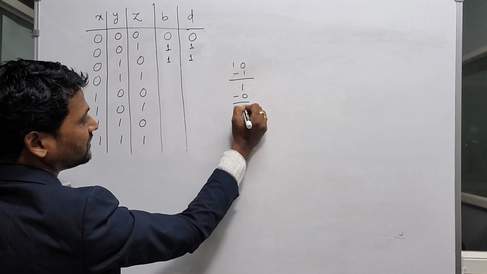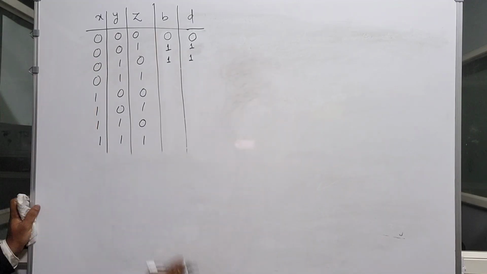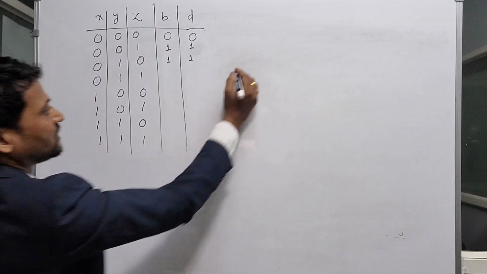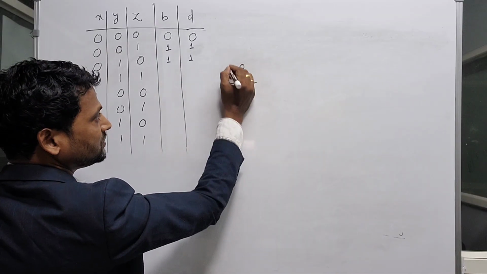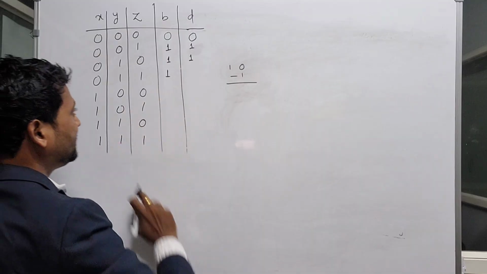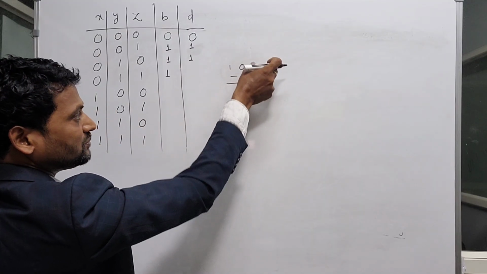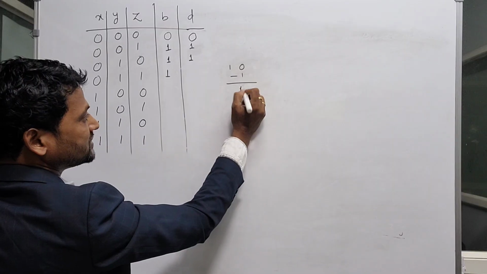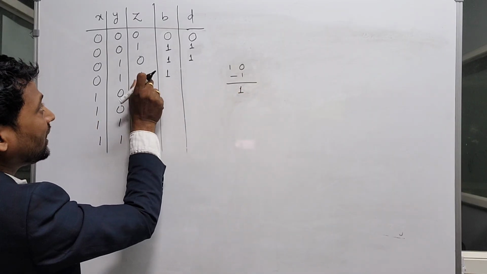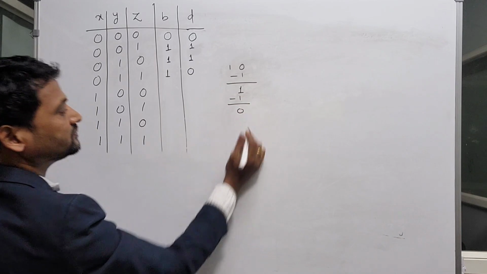Coming to the fourth one, 0 1 1: 0 minus 1 is not possible, you have to take one borrow. So in place of borrow you write 1. So 10 in decimal is 2, 2 minus 1 is 1. So the result here is 1. Again 1 minus this 1, the answer is 0. 1 minus 1 is 0.